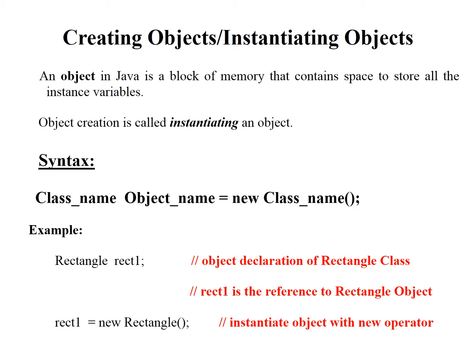Coming back to this example, rect1 is the object of the class Rectangle. rect1 = new Rectangle means we have created an instance rect1 of the class Rectangle, and now we have created a reference to this object.